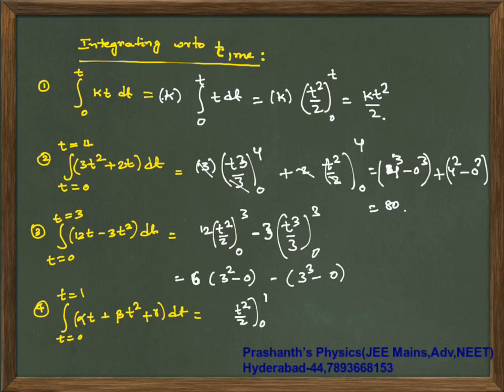So if you are writing it out, this will become alpha times t square by 2 plus beta times t cube by 3 plus gamma into t from 0 to 1. So upper limit minus lower limit. Calculate the upper limit and then you simplify, subtract the lower limit accordingly. So this is your definite integral. This is how you do the basic functions.